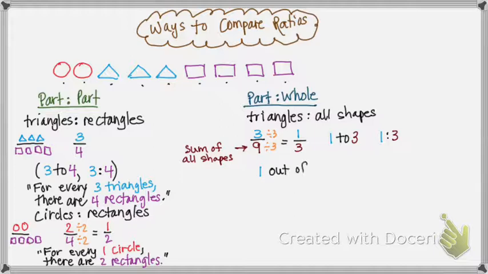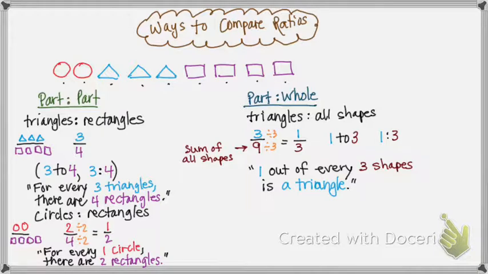Out of every, and then we have to write the second number, 3, and give it its label, shapes, is, and then we're going to describe what that 1 represents, a triangle. So this would be how I would interpret my ratio: 1 out of every 3 shapes is a triangle. Now that only works when it's part to whole, okay?